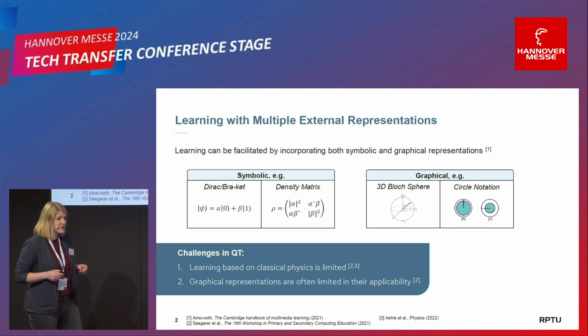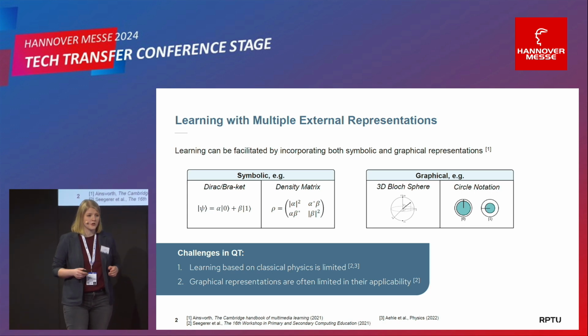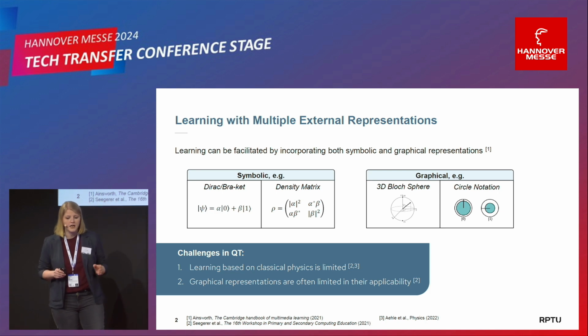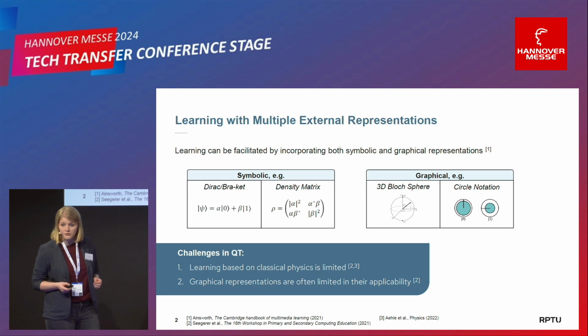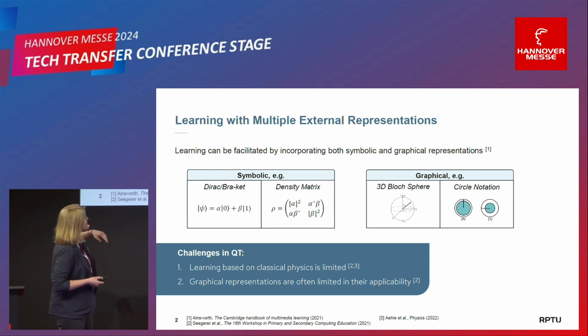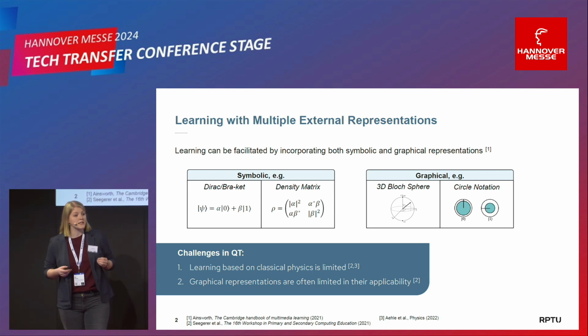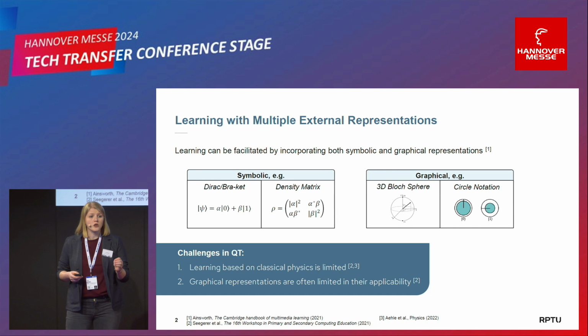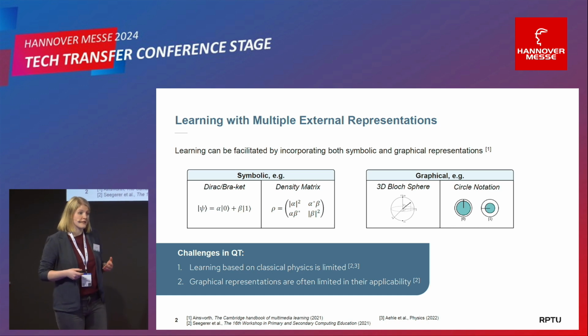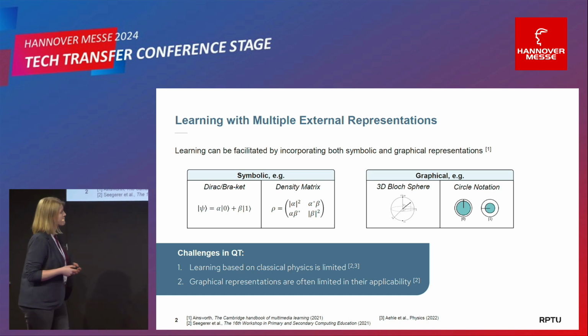We know from educational research that we can support learning not only in quantum technologies but learning in general, also in different STEM disciplines, by incorporating not only symbolic representations, so not only relying on the mathematical formalism, like here in the context of quantum technologies, maybe the Dirac notation or density matrix formalism, but also include graphical representations, which don't rely on these symbolic descriptions, but use graphical analogies to represent quantum characteristics.